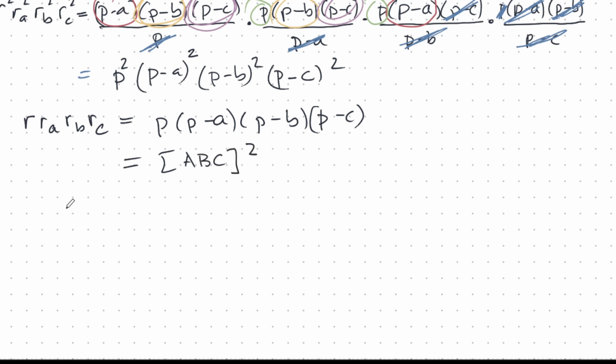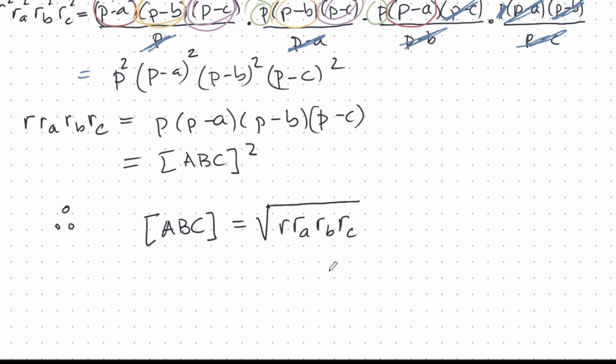And so therefore, I have my final formula. The area of that triangle ABC is the square root of the product of all of these radii of those special magic tangent circles. The 4 tangent circles, you multiply the radii together, you take the square root, you get the area of the triangle.